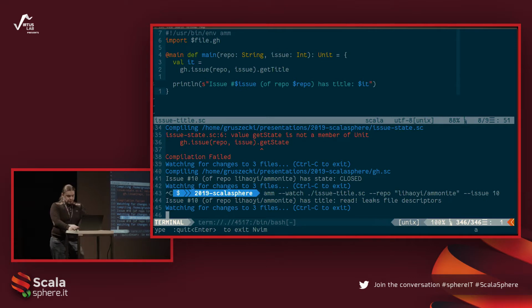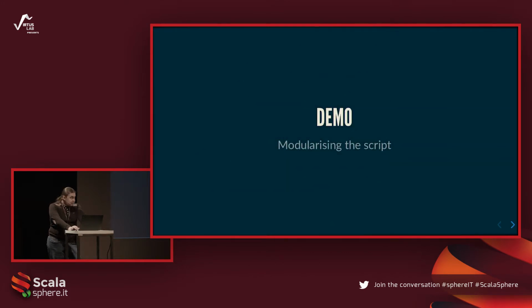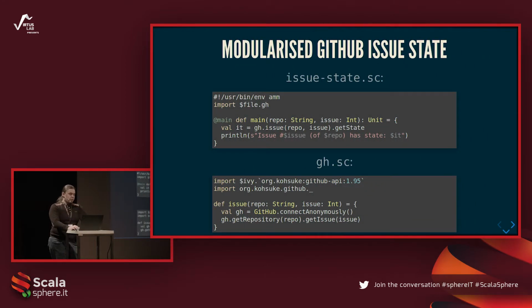Okay, seems to work. Now, again, let's inspect what we just did. So those are the files that we have defined. And the interesting part is that we, again, used a magic import, this time $file. Well, this import obviously pulls in another file as a module for us to use.